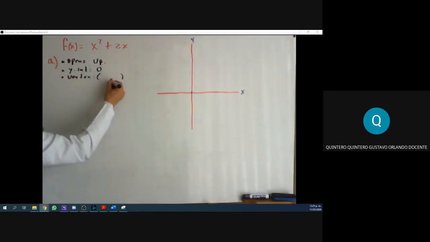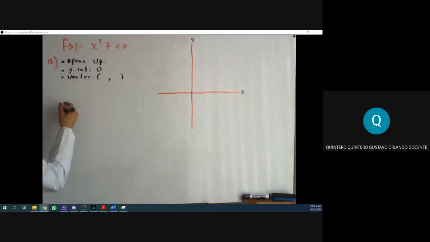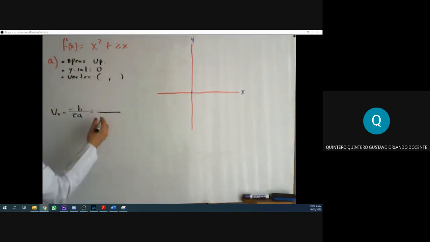The vertex is a point that has coordinates x and y, right? But we know that the vertex can be found with our formula. The vertex x-coordinate is negative b over 2a. Now, if we replace the values of our function into the formula, we will have negative b.